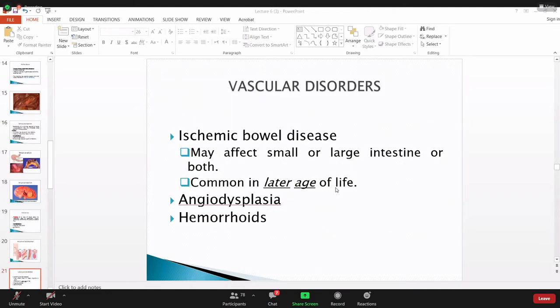Why later age of life? Because these persons have a high incidence of atherosclerotic diseases, myocardial abnormalities, or previous histories of MIs, anything that affects the blood supply to the whole body, including the small and the large intestine, causing ischemia.